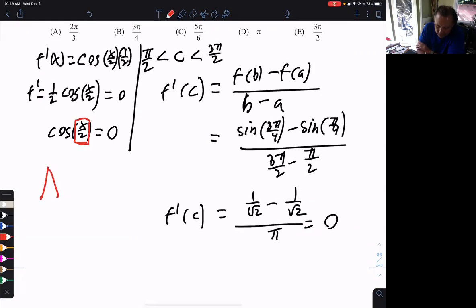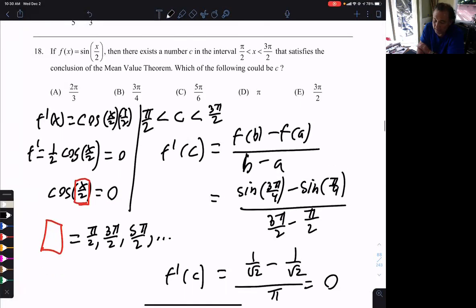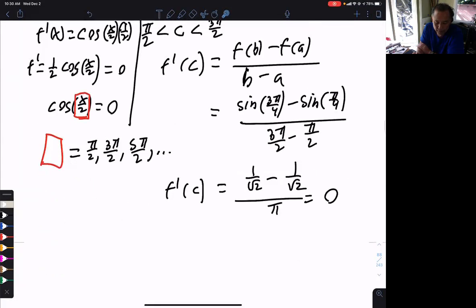Cosine of what angle equals 0? Isn't it pi over 2, 3 pi over 2, 5 pi over 2, and so on? And again, our x's are positive, so I didn't do the negative ones.